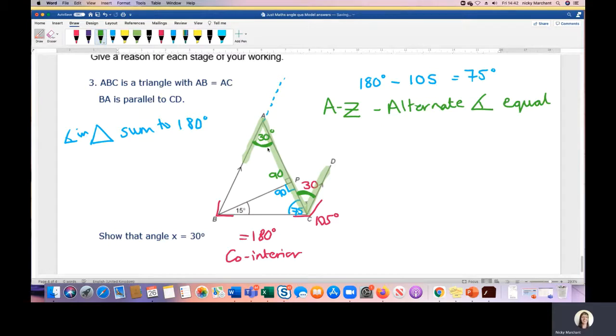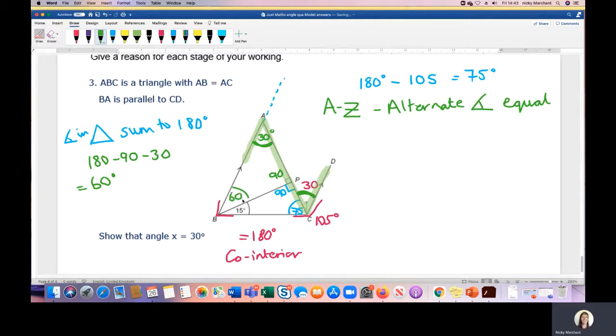That means 90, 30, we've got to do 180 take away 90 and take away 30. That's taking 120, so we've got 60 left, 60 degrees.